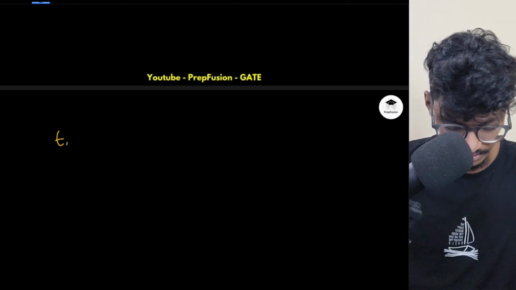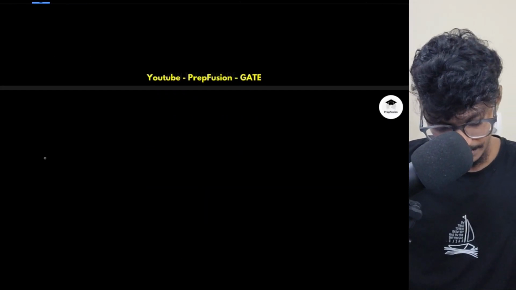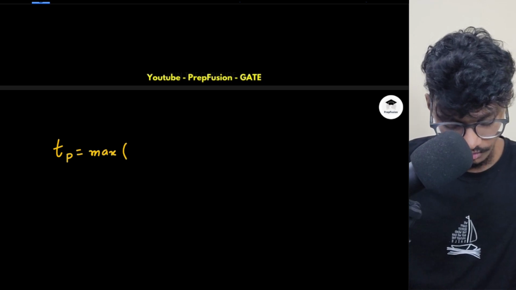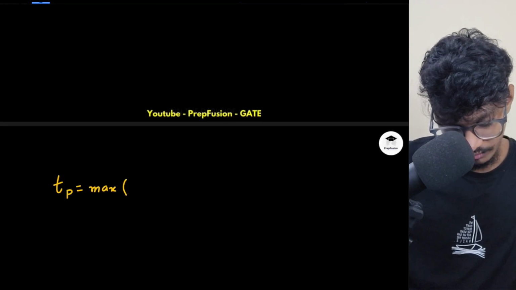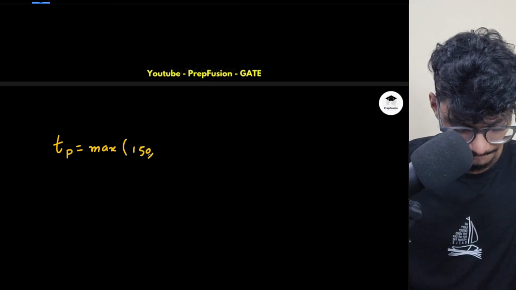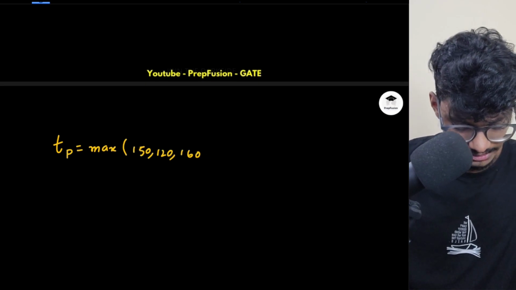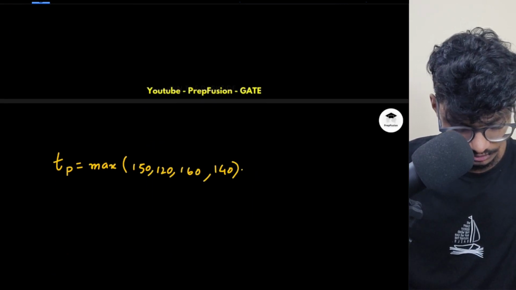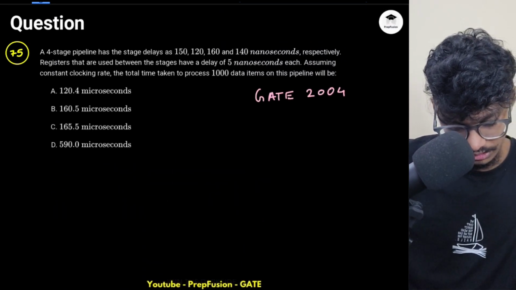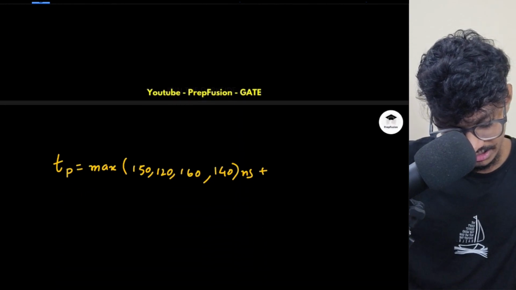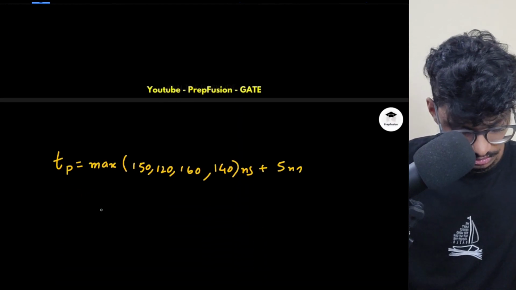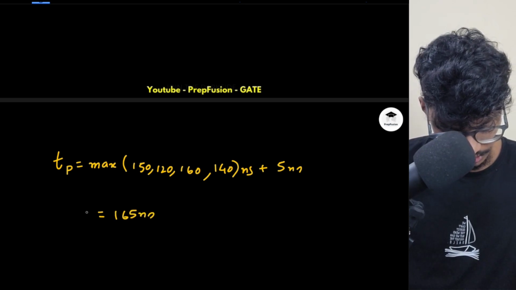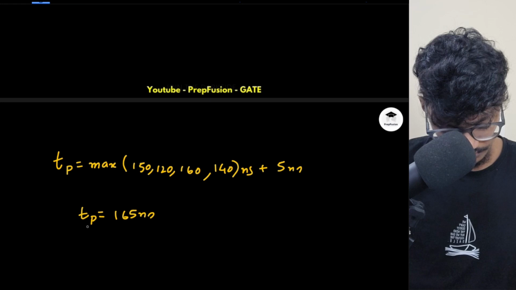Basically, TP will be the maximum of 150, 120, 160, 140 nanoseconds plus the register stage delay. Each stage has 5 nanoseconds of delay. So this will become 160 plus 5 nanoseconds, that is 165 nanoseconds. TP will become 165 nanoseconds.